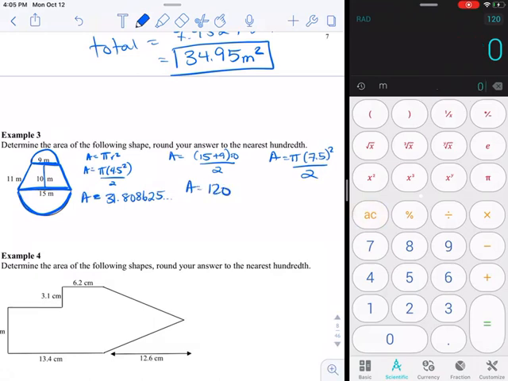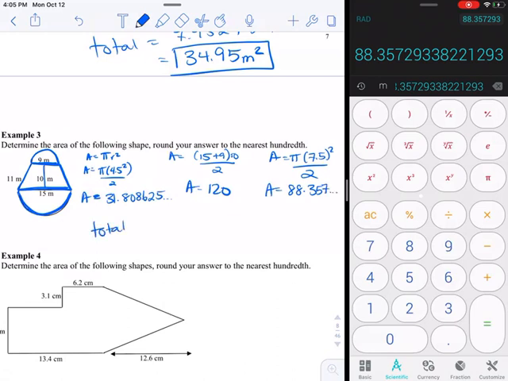And then lastly, pi times 7.5 squared, divided by 2, we should get 88.357, etc. So if the total we add A1 plus A2 plus A3, we should get our answer.